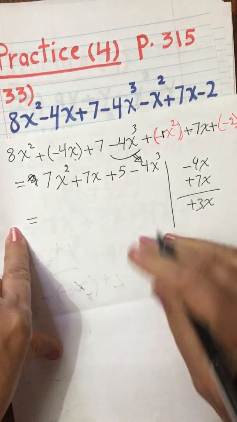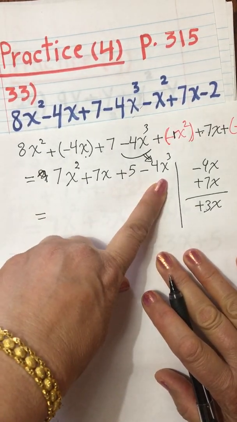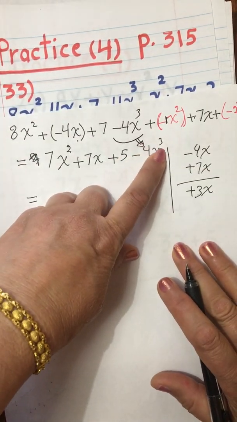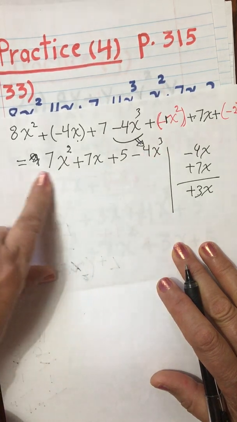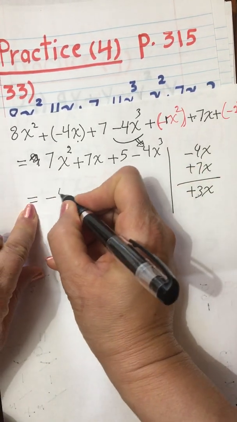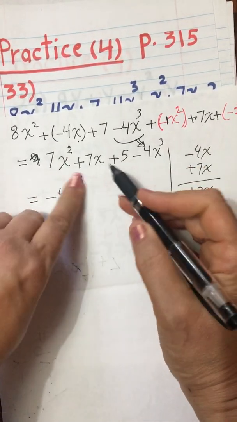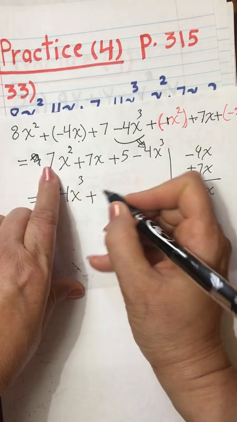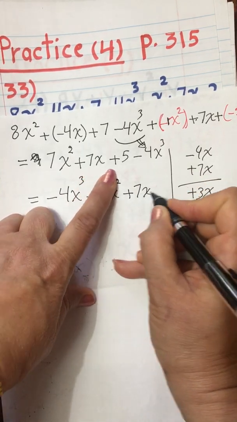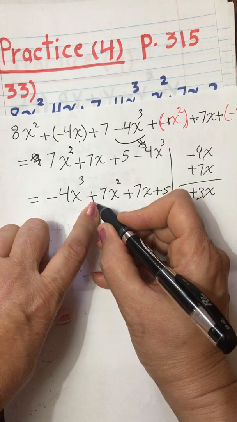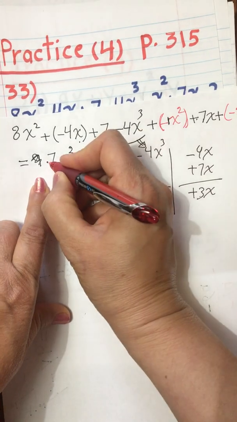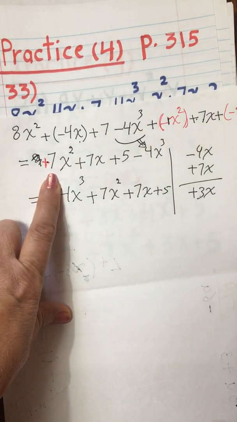Now you can keep it as it is, or the best, if I want to write the expression, I should write the highest power first. So I can organize the terms. So the highest power is minus 4, so it's going to be negative 4x cubed. And the second one is the less, 7x squared plus 7x plus 5. So this plus, I know I have a sign right here, it's positive 7.